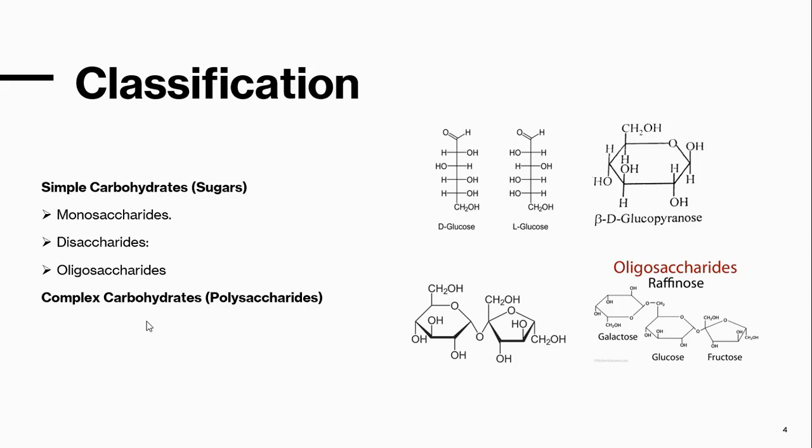And recently, a very important class of carbohydrates we come across is oligosaccharides. Oligo in Greek means few, and saccharides means sugars. So oligosaccharides are about three to four monomeric units bound to each other by glycosidic linkages, for instance raffinose, stachyose, and verbascose.